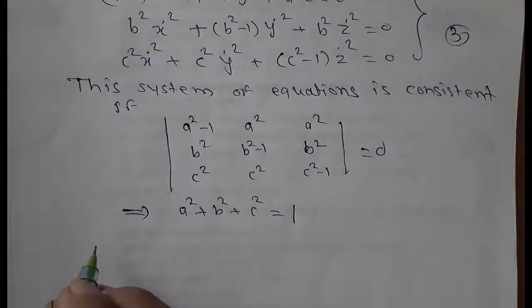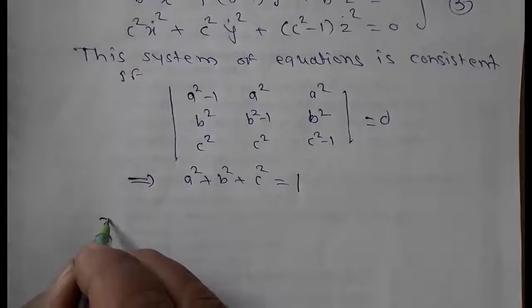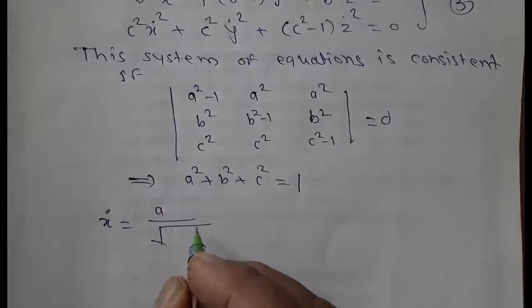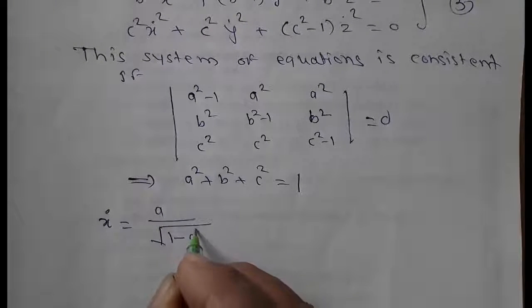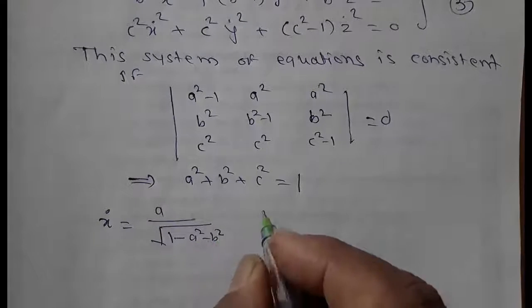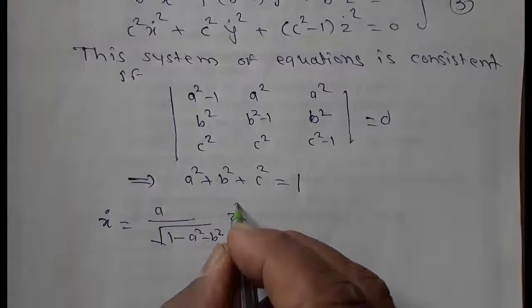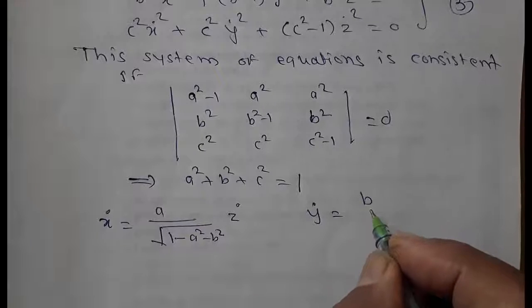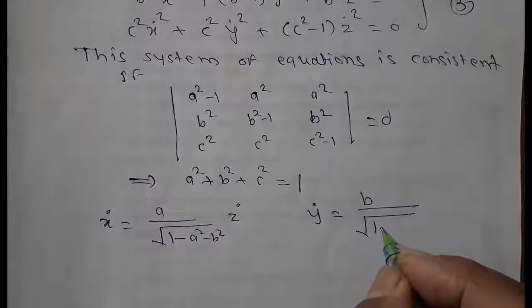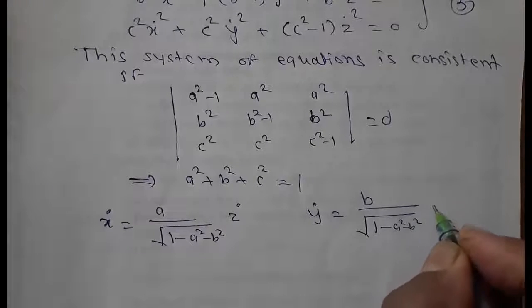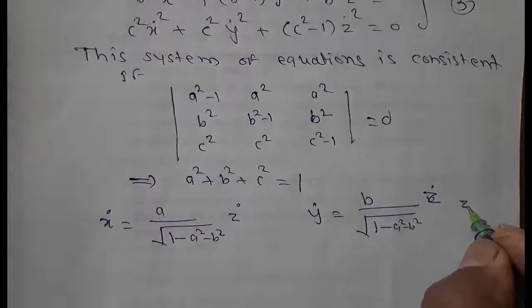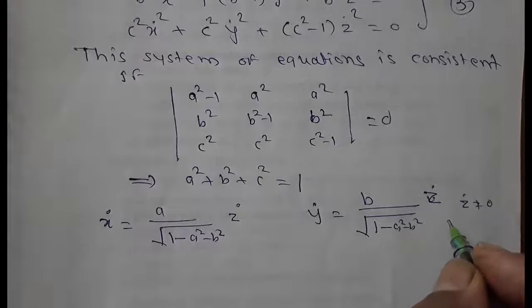Therefore, x dot equal to a divided by root of 1 minus a square minus b square into z dot, y dot equal to b divided by root of 1 minus a square minus b square into z dot.